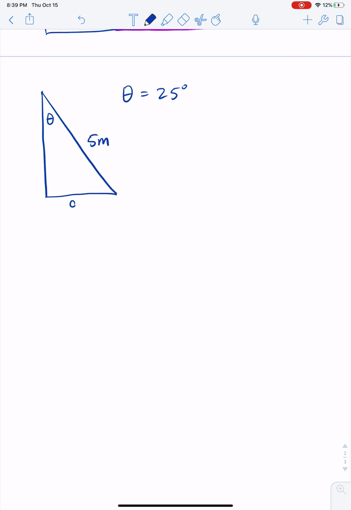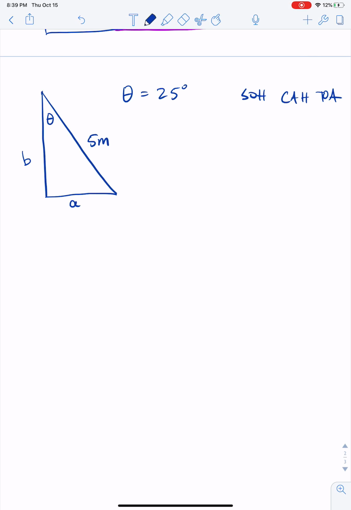And we want to know what's the length of this side here, and what's the length of this side here. So your SOHCAHTOA can be helpful for remembering this, or however you remember sine and cosine functions.